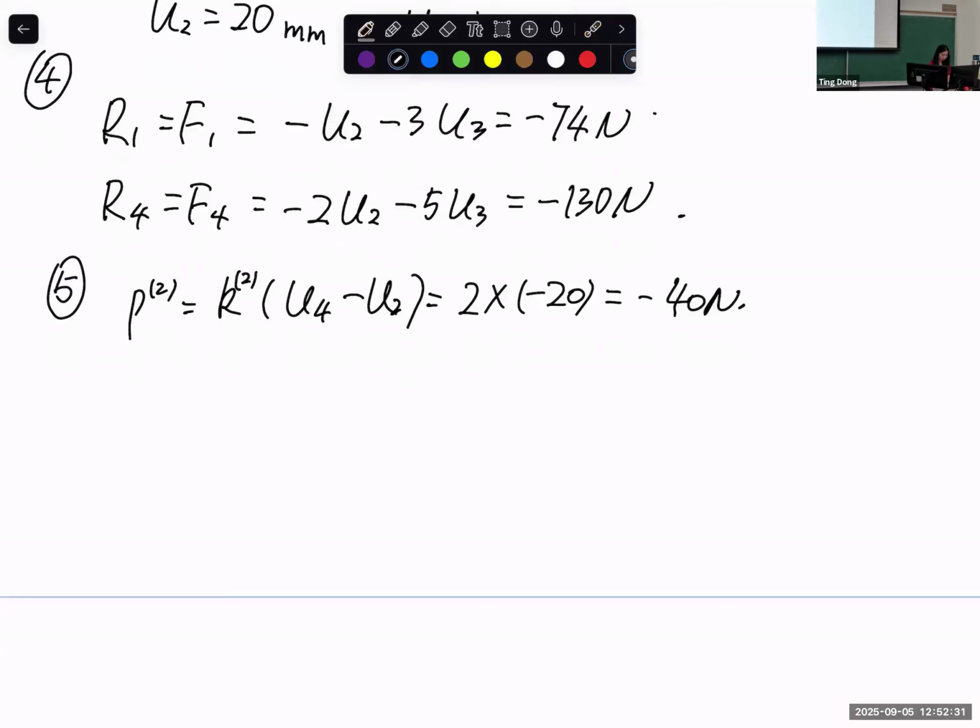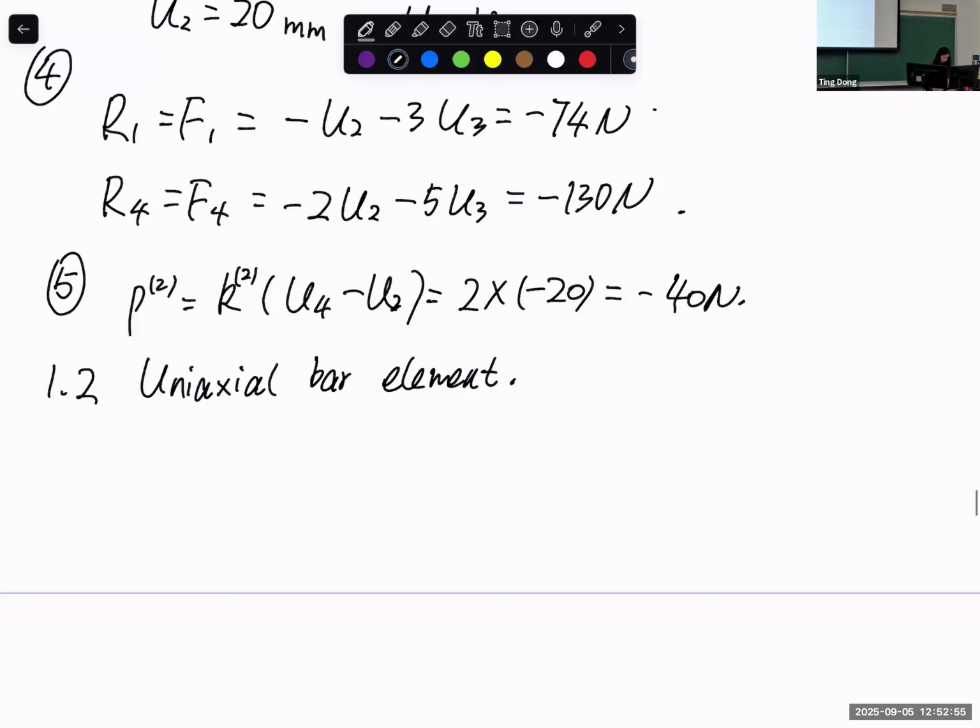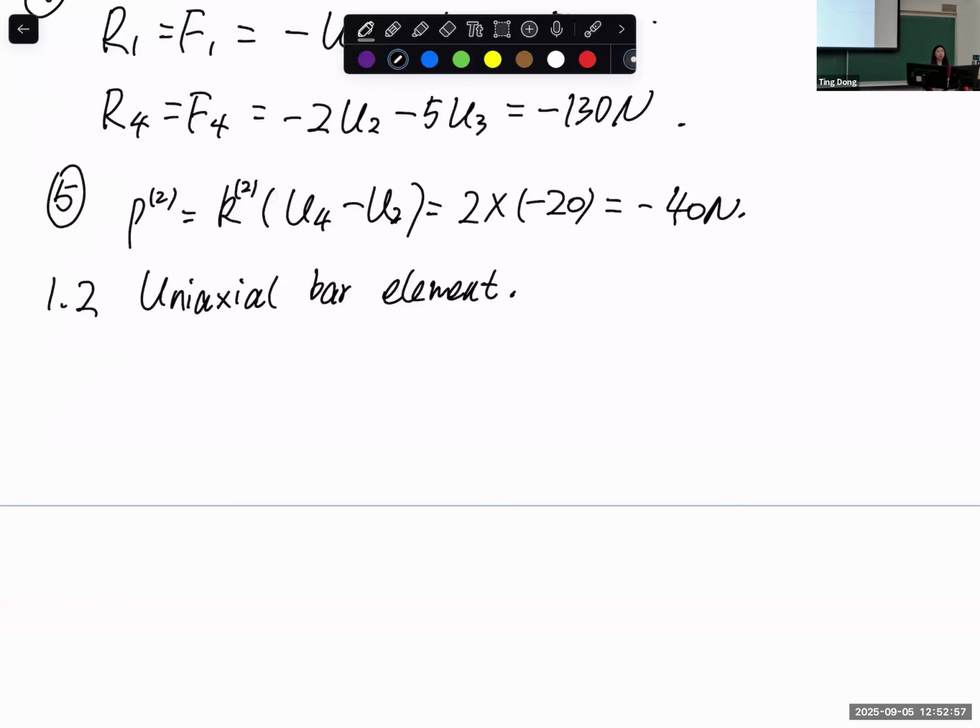In the textbook, it is in chapter 1, section 2, the bar element. Again, we start from the simple situation.